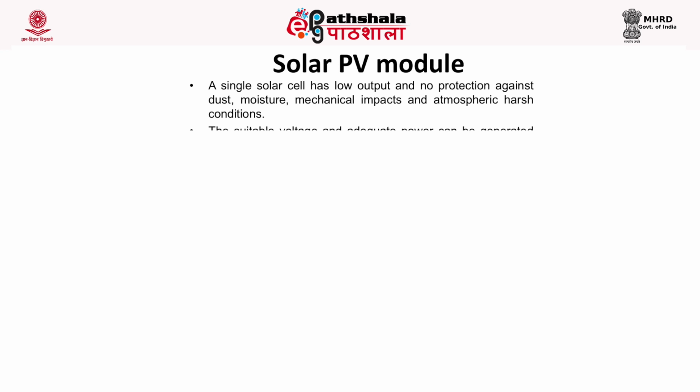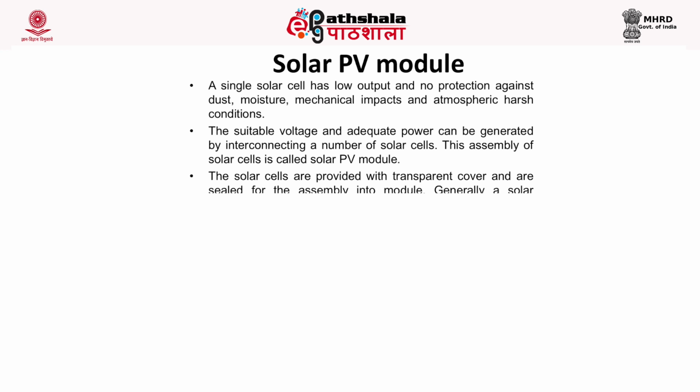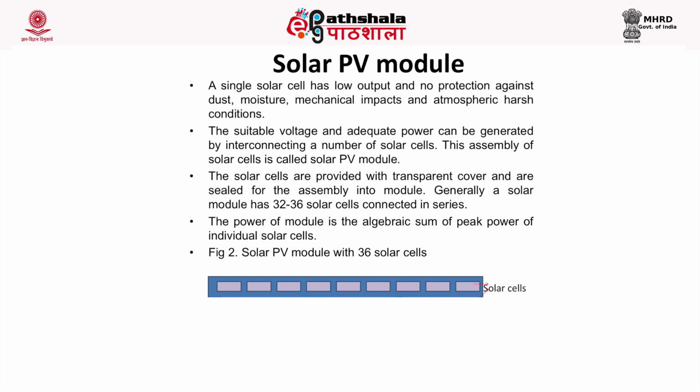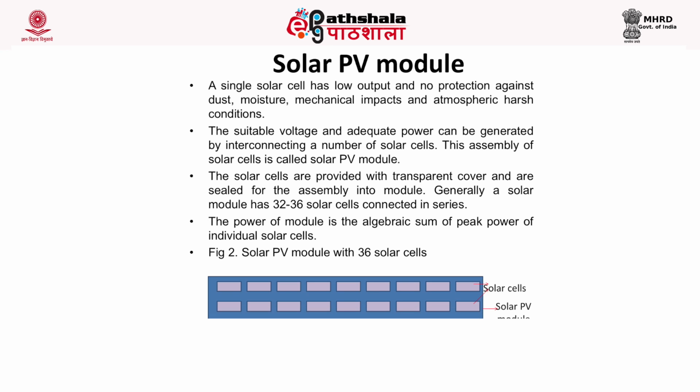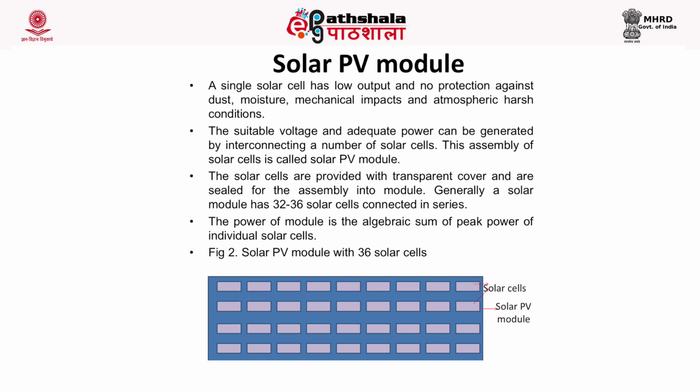What is a solar PV module? A single solar cell has low output and no protection against dust, moisture, mechanical impacts and atmospheric harsh conditions. The suitable voltage and adequate power can be generated by interconnecting a number of solar cells. This assembly of solar cells is called a solar PV module.